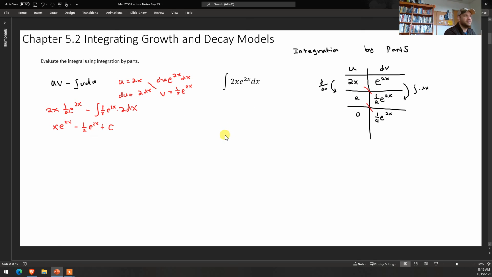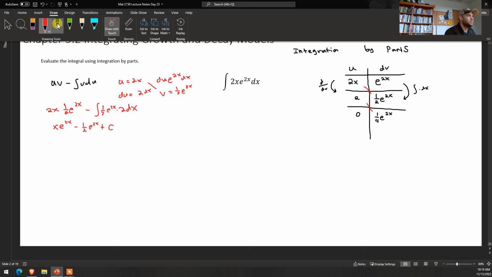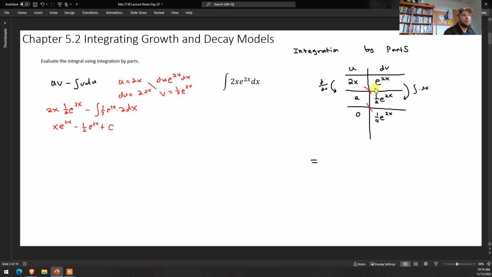So now let's read our answer right off from this chart. We should get the same answer. Now, to keep track of this minus, I'm going to go down the left-hand side of my chart with a plus, minus, and then a plus. Now, this box times this one gives us x e to the 2x. Here I've canceled the 2 and the 1/2.